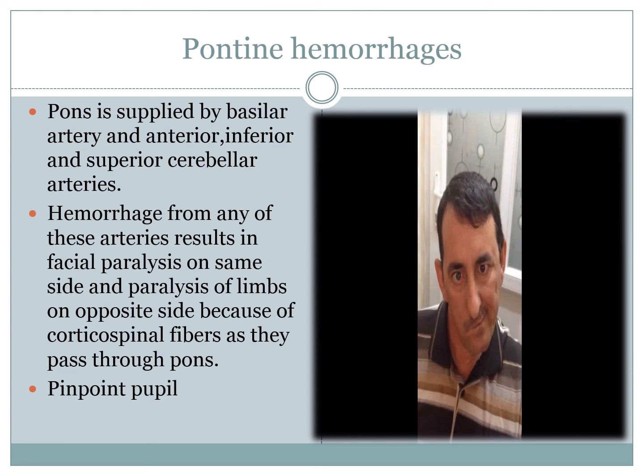Then the pontine hemorrhage. The pons is supplied by the basilar artery and the anterior inferior and superior cerebellar arteries. So a hemorrhage in any of these arteries results in involvement of the facial nerve, and due to that there is paralysis on the same side, and due to involvement of the corticospinal tract, there is paralysis of limbs on the opposite side.